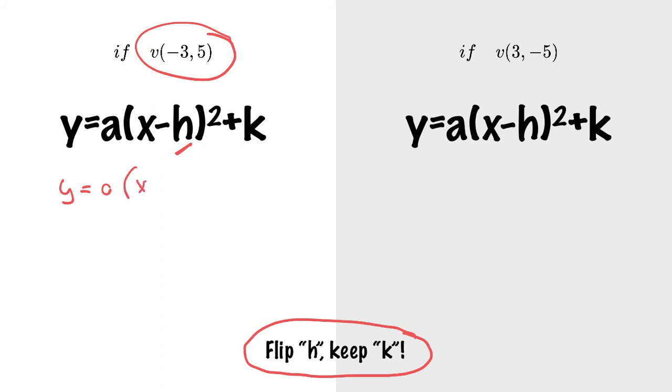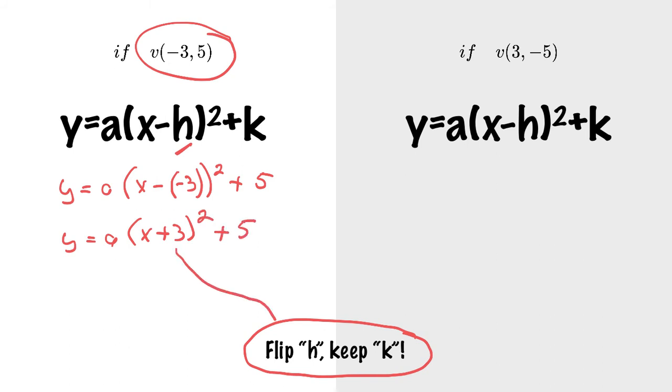I get x minus h is negative 3 and k is 5. When I tidy it up, it becomes positive 3 plus 5. Thus, you have to flip h or change its sign.